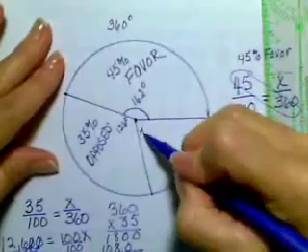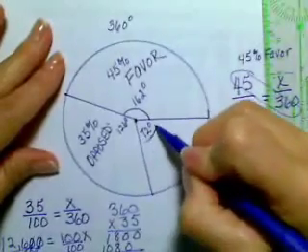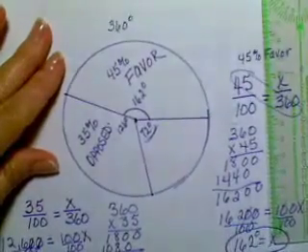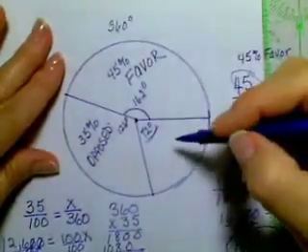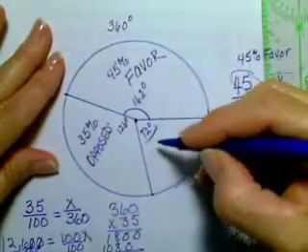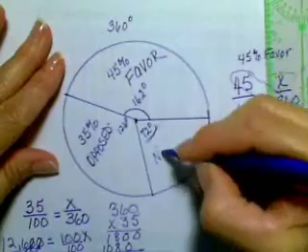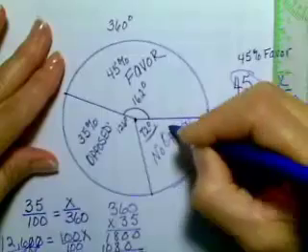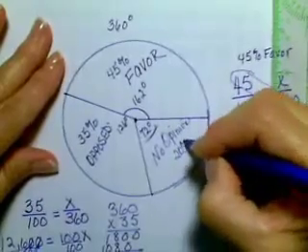And so this should be 72 degrees left. And you can measure that to see if you have about 72 degrees. And these represent the no opinion. And that is about 20%.